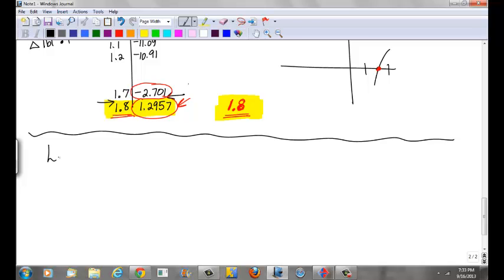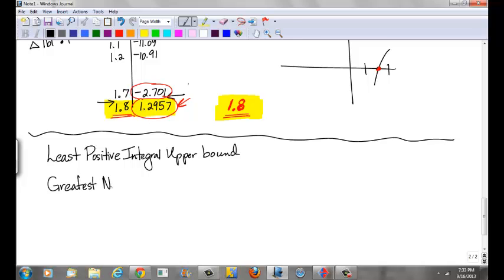The author asks you to find what they call the least positive integral upper bound, and the greatest negative integral lower bound.